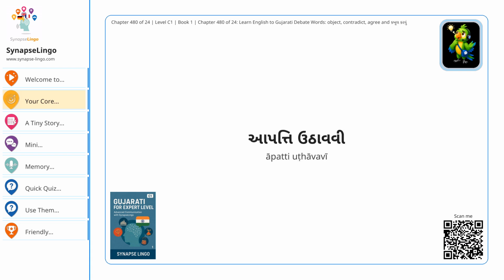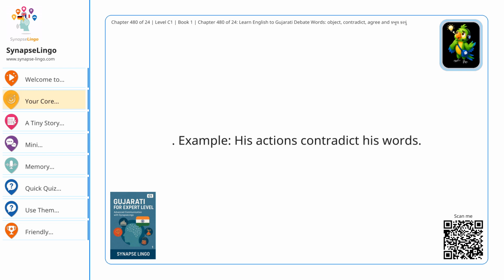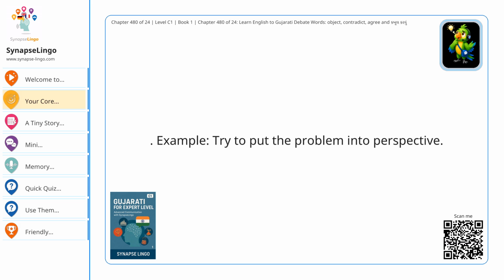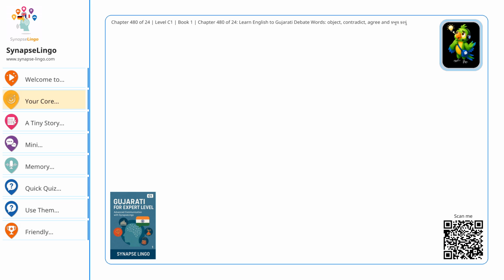Object. આપત્તિ ઉઠાવવી. Example. I object to that claim. Contradict. વિરોધ કરવો. Example. His actions contradict his words. Agree. સહમત થવું. Example. We all agree on the plan. Put into perspective. સાપેક્ષ બનાવવું. Example. Try to put the problem into perspective.